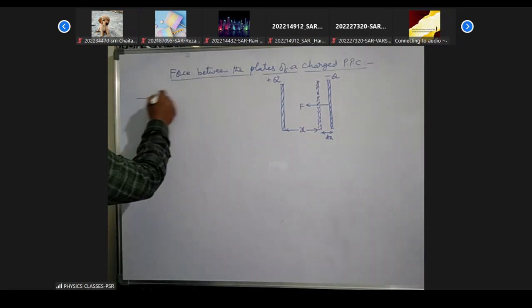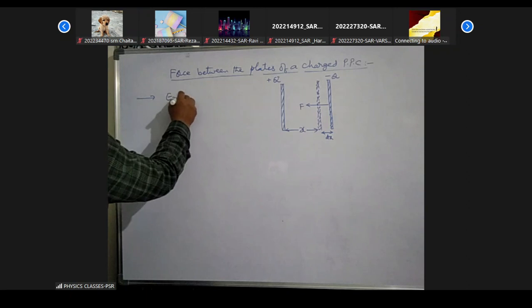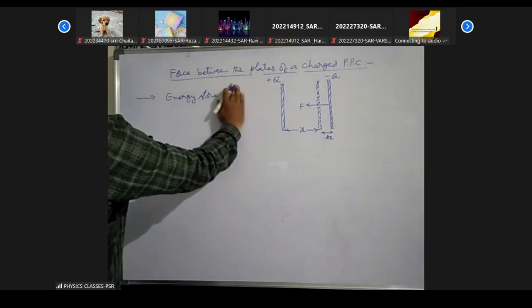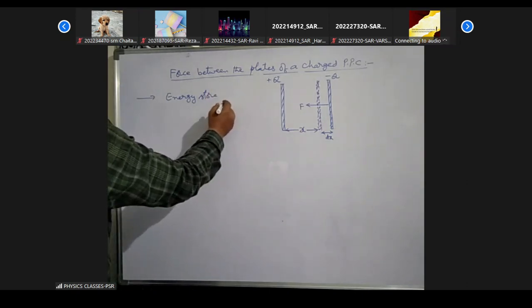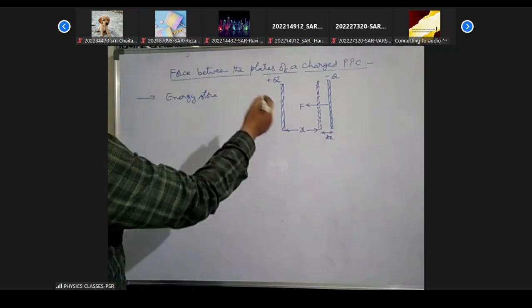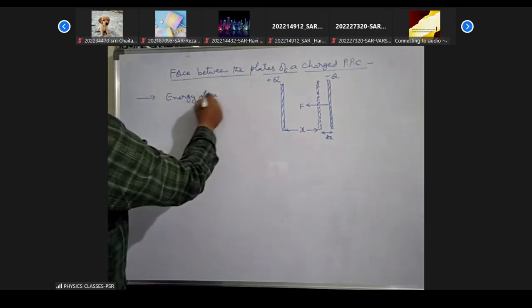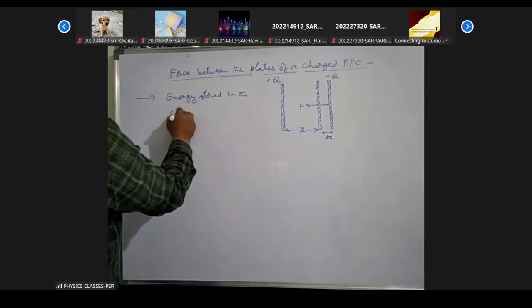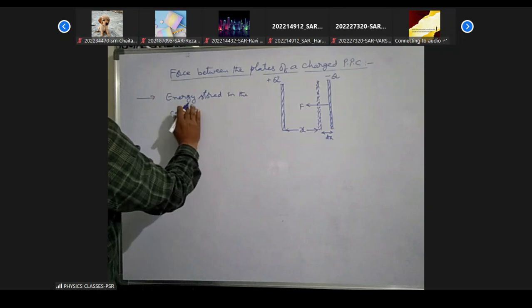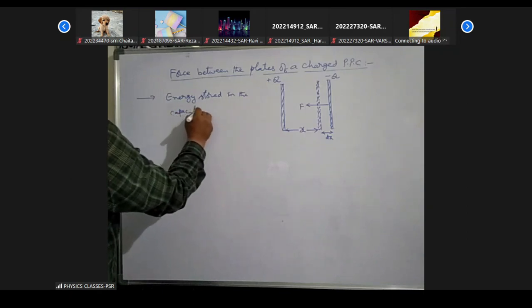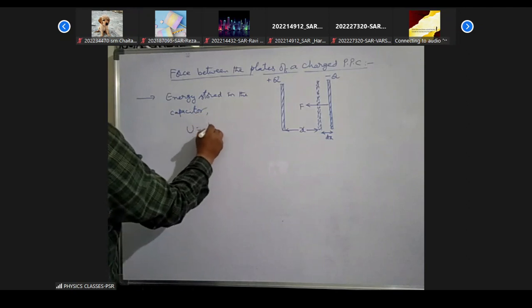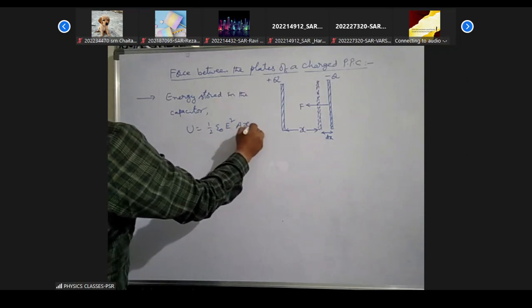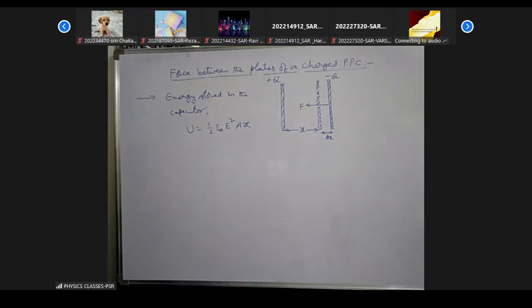The general formula is half epsilon naught E square A d, but instead of d we use x. So the energy stored in the capacitor is U equal to half epsilon naught E square A into x. Here x is the distance between the plates.